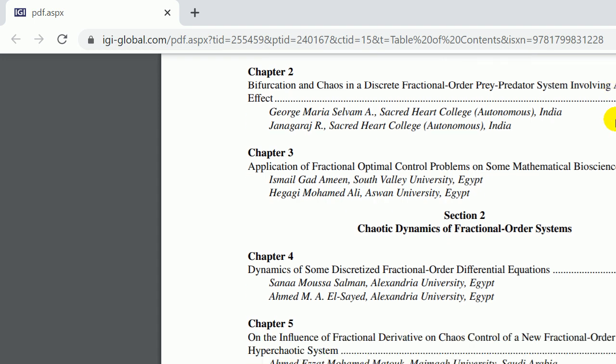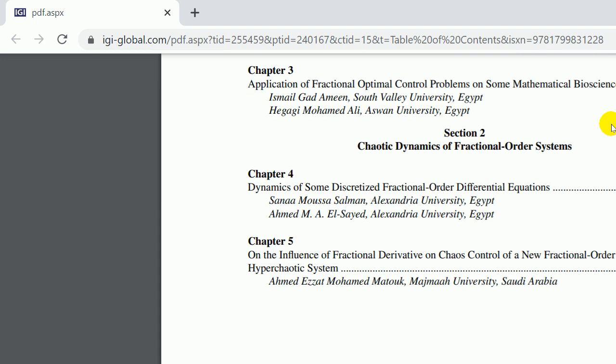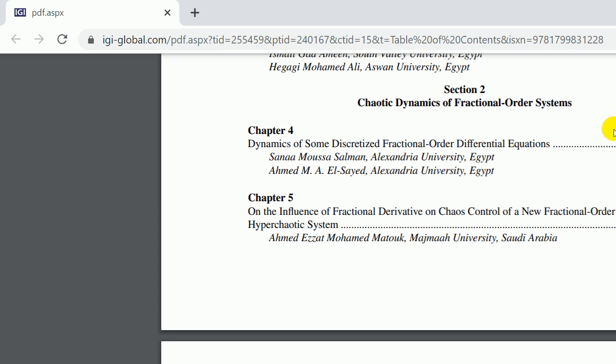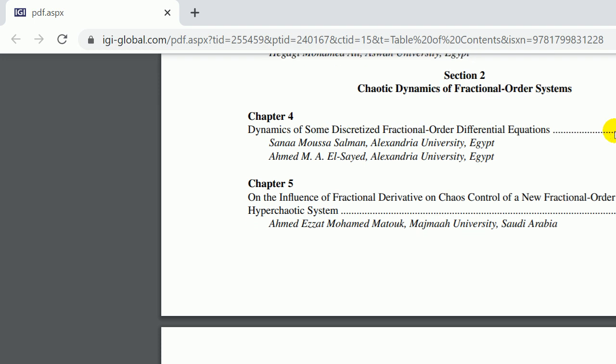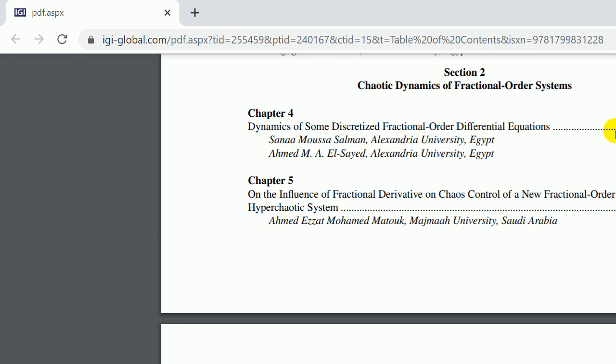In section 2, chapters 4, 5, and 6 studied the applications of fractional order systems to chaos theory. Chapter 4 is by Dr. Sana Musa Salman and Professor Ahmed Said.